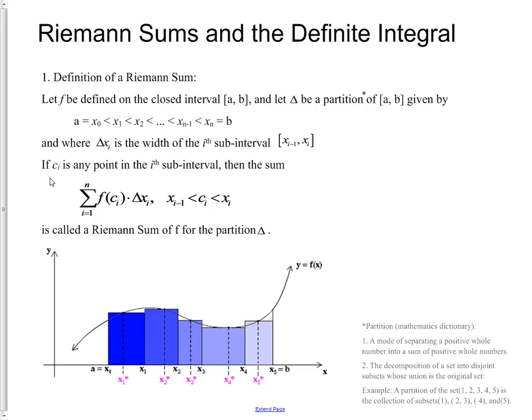We say that if c of i is any point in that ith subinterval, then the sum from i equals 1 to n of f of c of i times each delta x of i, where c of i is between those two endpoints x of i minus 1 and x of i, will be called the Riemann sum of f for the partition delta.